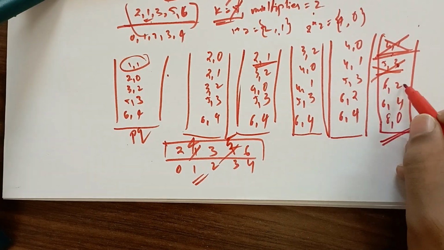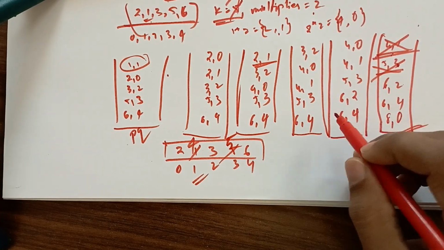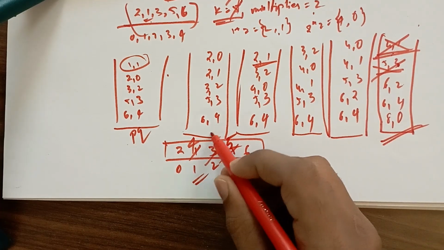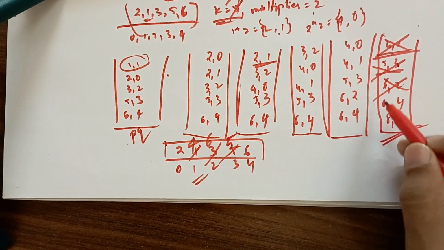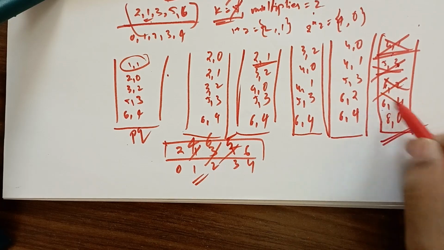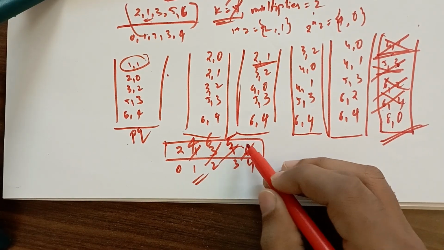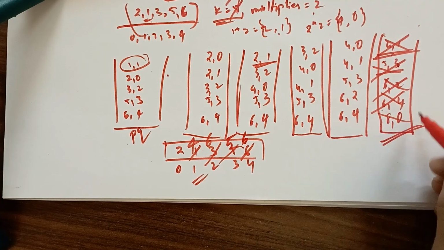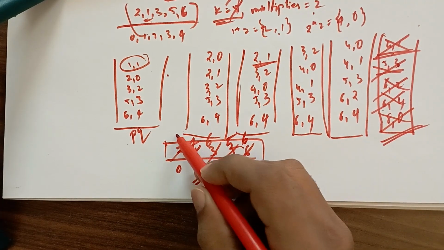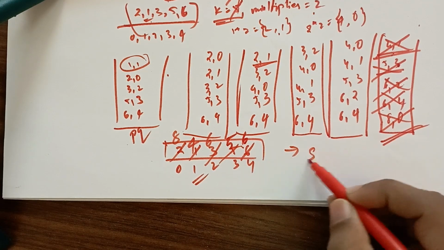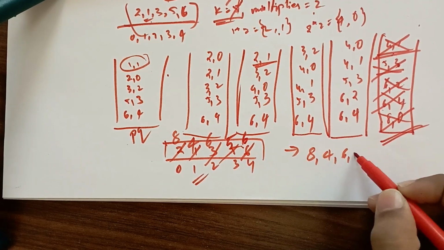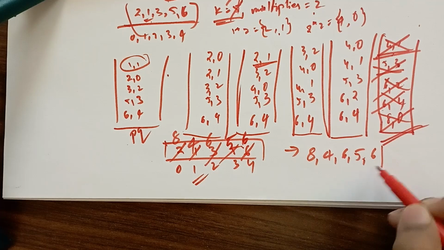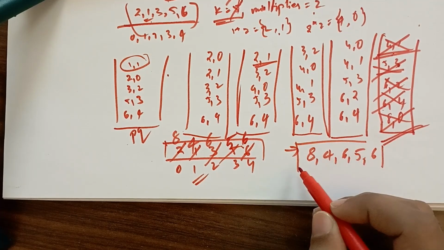Now 6 comma 2, at index 2, we will be changing it to 6. Then take out 6 comma 4. At index 4, we need to change it to 6. Now take out 8 comma 0. At index 0, we will be changing to 8, and the resulting array will be 8, 4, 6, 5, 6. This is the array which will be returned.